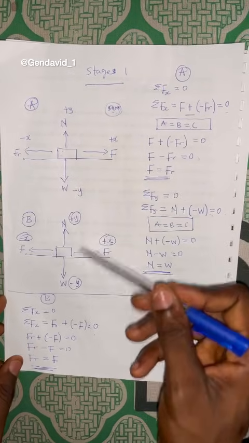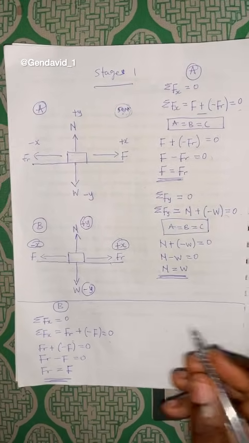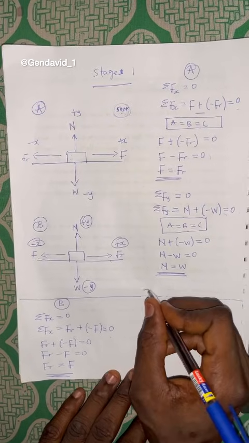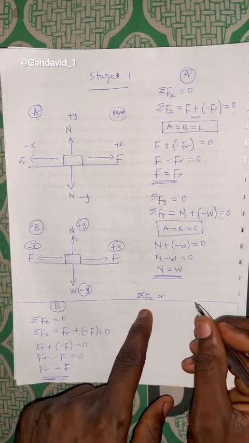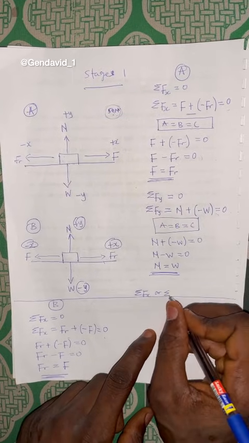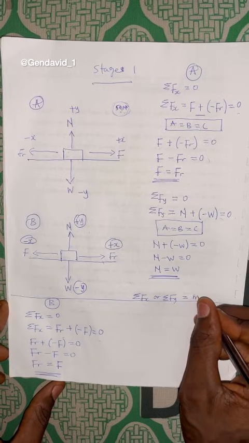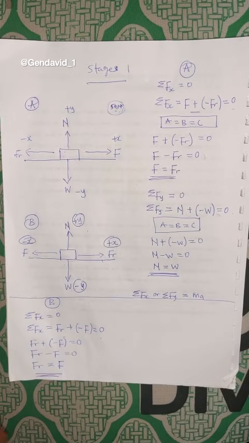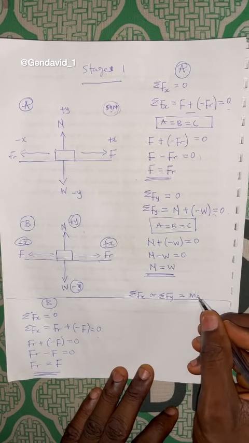The reason why I brought this second one is because of the summation of forces. When they say summation of the forces, either horizontal component or vertical component, you know that force is mass times acceleration. Force is mass times acceleration. So the summation of the forces is equal to what?